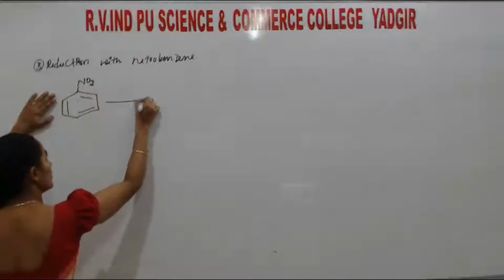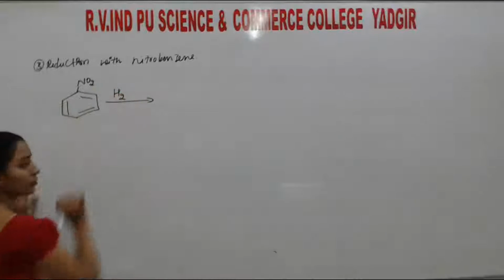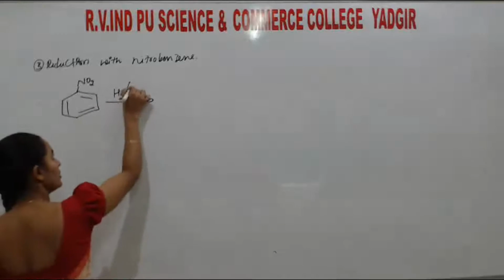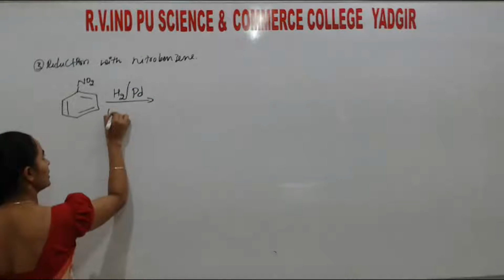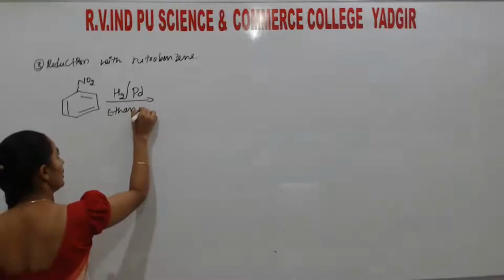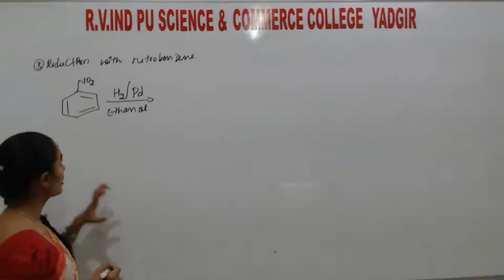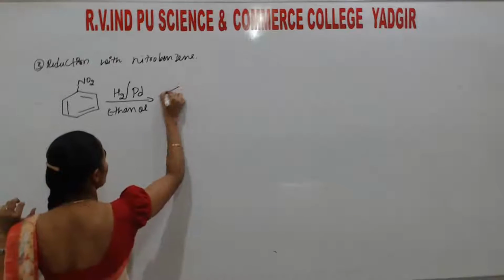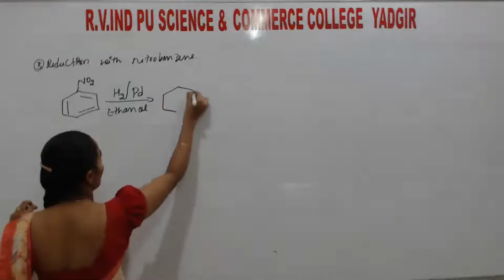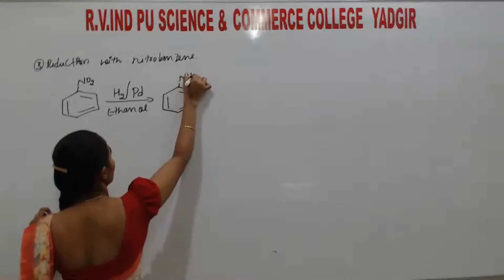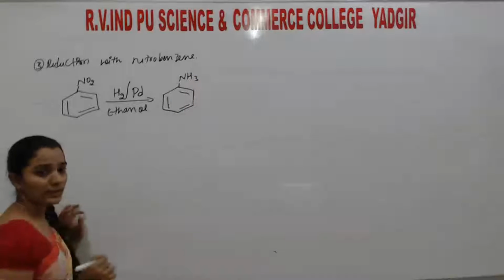Reduction means, of course, addition of hydrogen, H2. Here we need to take palladium as a catalyst and ethanol as a solvent. Then they form, no doubt, the NH2 compound, that is benzene amine.